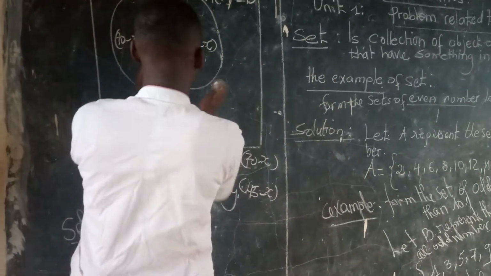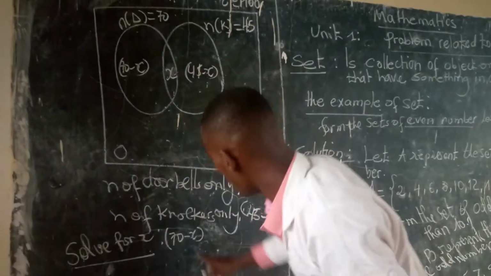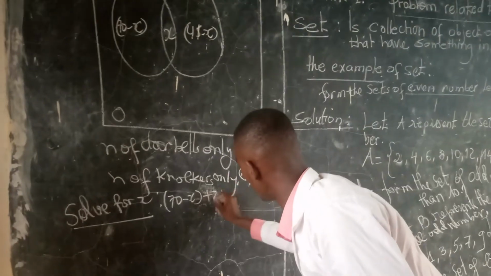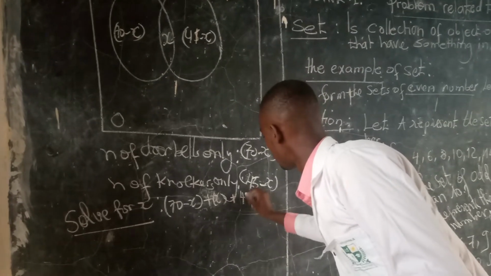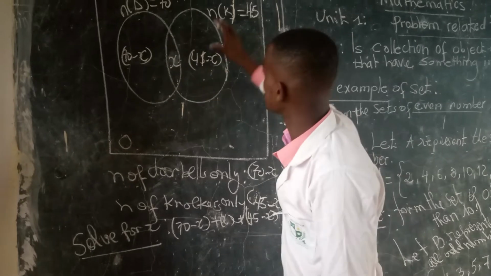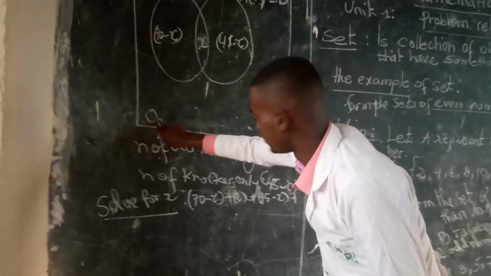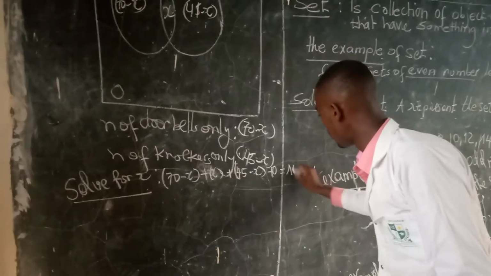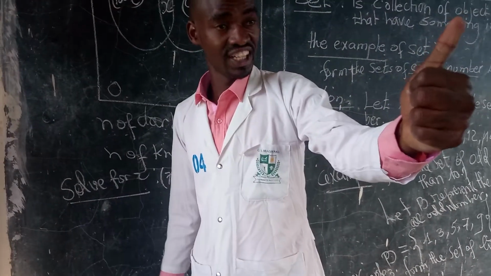We are going to add and equalize this summation: 70 minus x, plus this x as both, plus 45 minus x. This 45 stands for all the set of K, plus this 0 of neighbor will be equal to 100. Are we together, children? Well done.